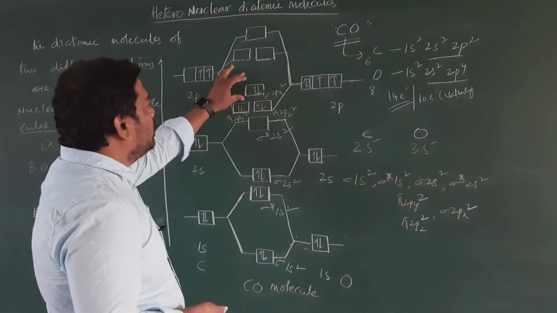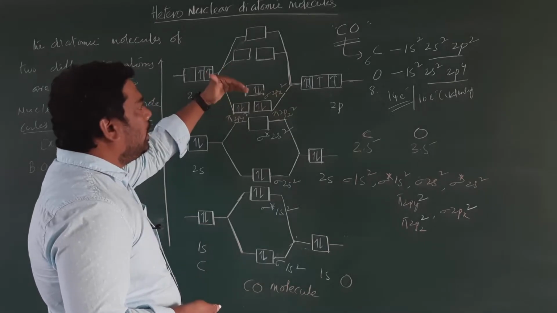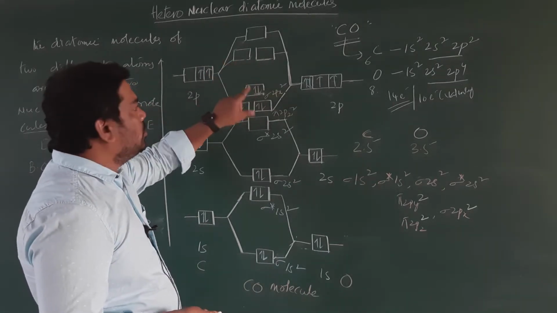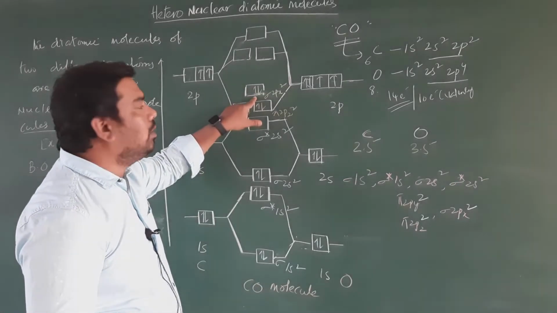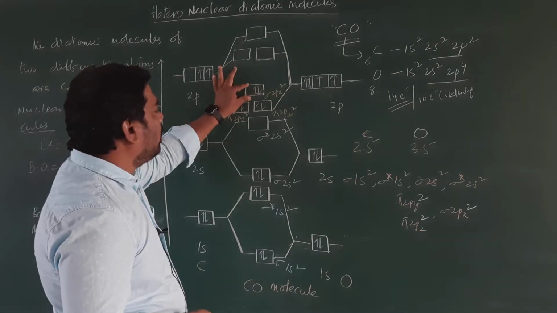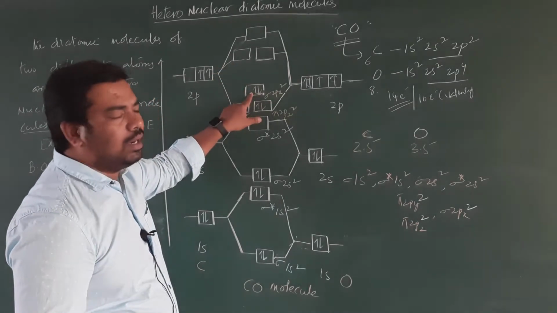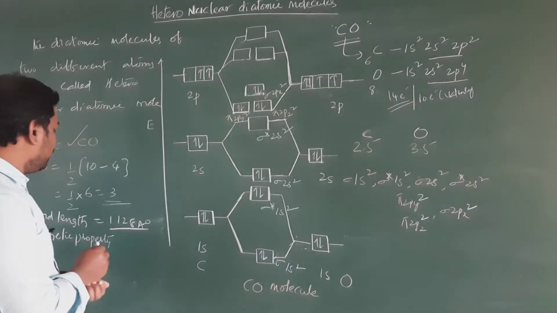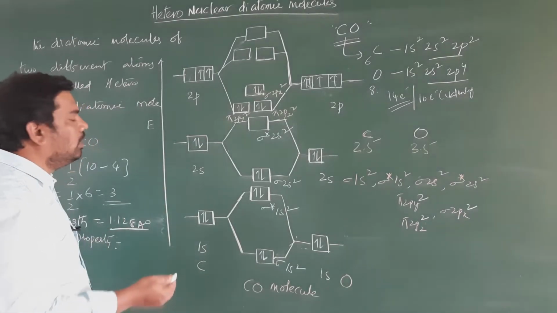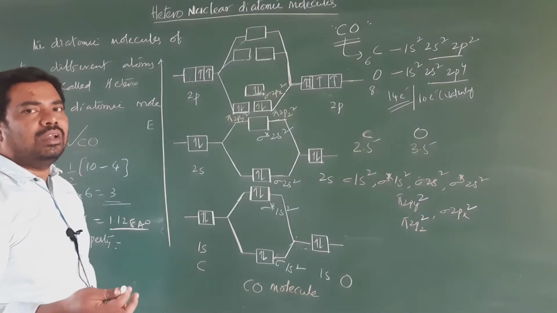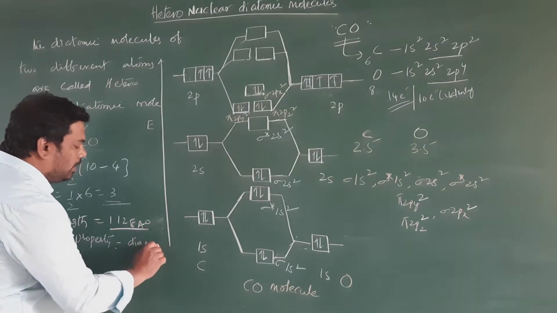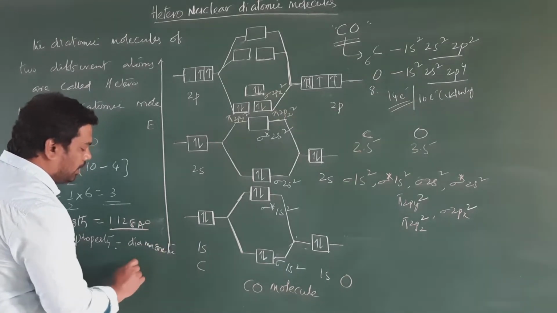Please focus on the highest molecular orbital. Here the highest molecular orbital is sigma 2px2, which is completely filled with electrons. Completely filled electrons means there are no unpaired electrons to respond to the external magnetic field, so this molecule is diamagnetic in nature.